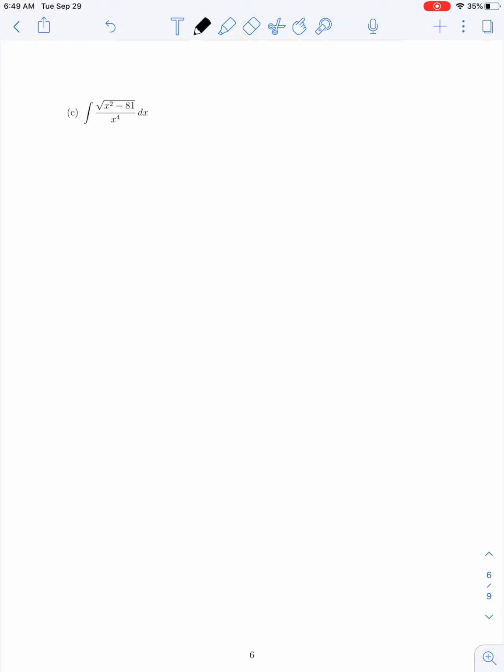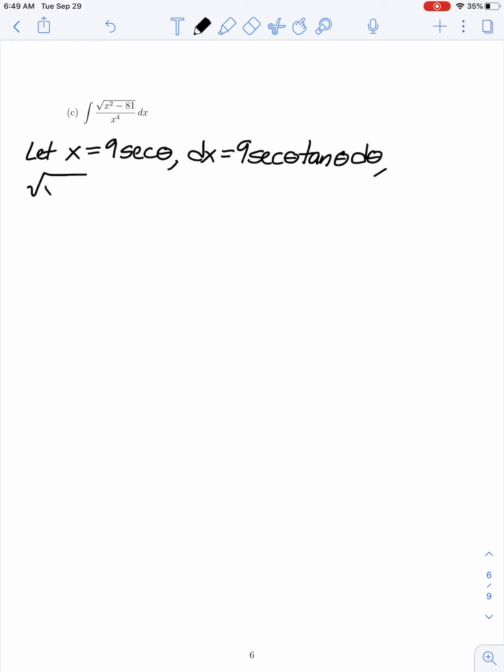And for an integrand of this form, the substitution that we would make is x equals a, in this case 9, secant theta, so that dx would be 9 secant theta tangent theta d theta, and the square root of x squared minus 81 would reduce to 9 tangent theta.